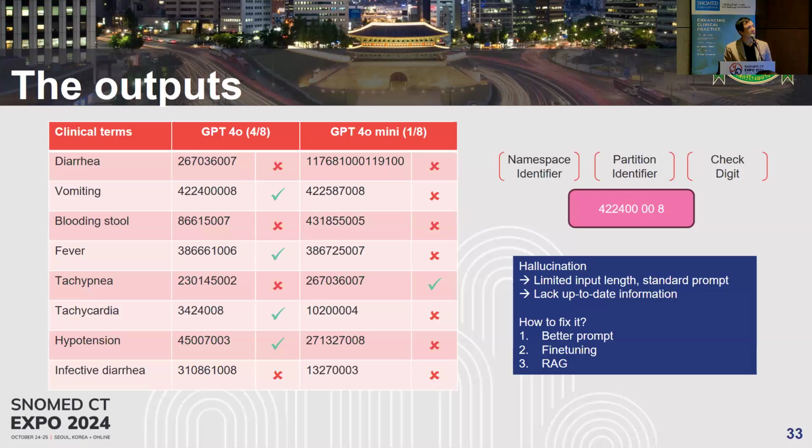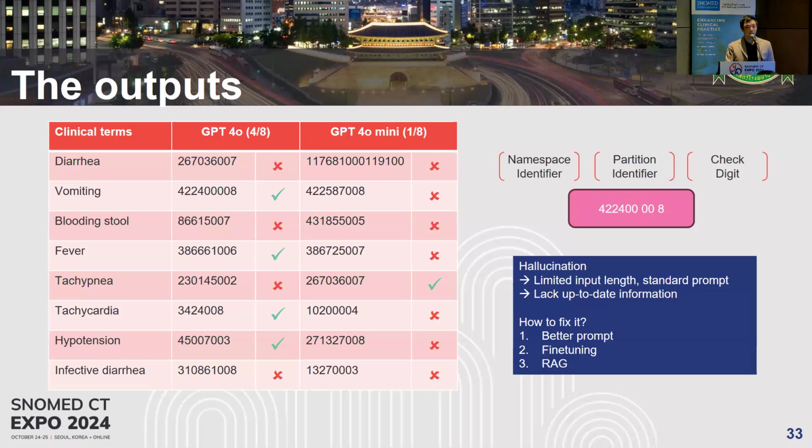So it has some SNOMED CT knowledge, but it has a problem we call hallucination. It can be because of limited input length and the standard prompt, or because it lacks up-to-date information. So how do we fix it?